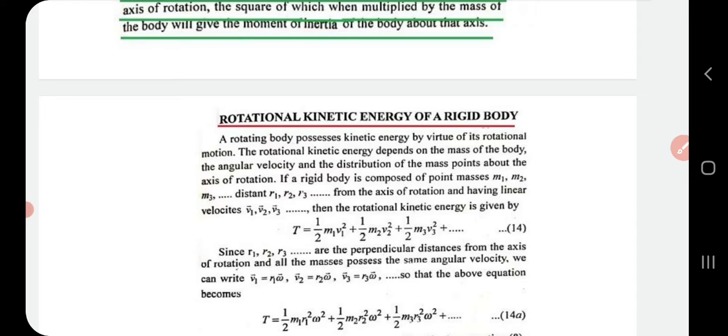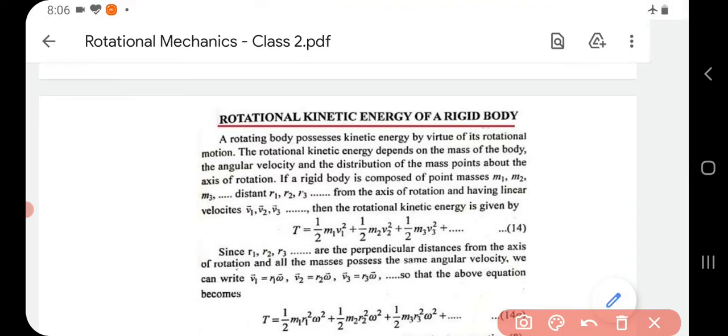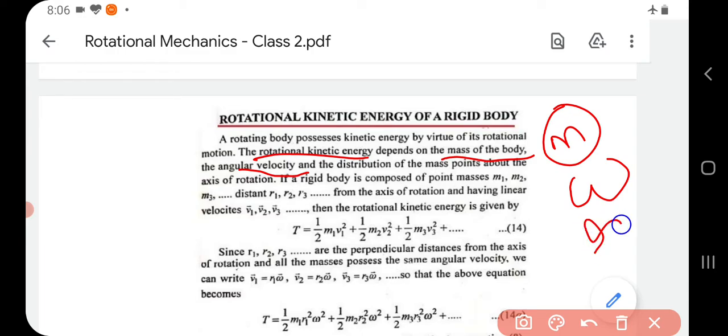This rotational kinetic energy depends on the mass of the body m, the angular velocity omega, and the distribution of mass points about the axis of rotation, that is r.